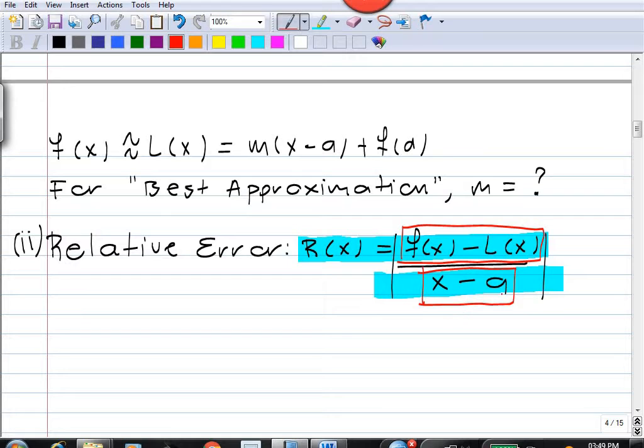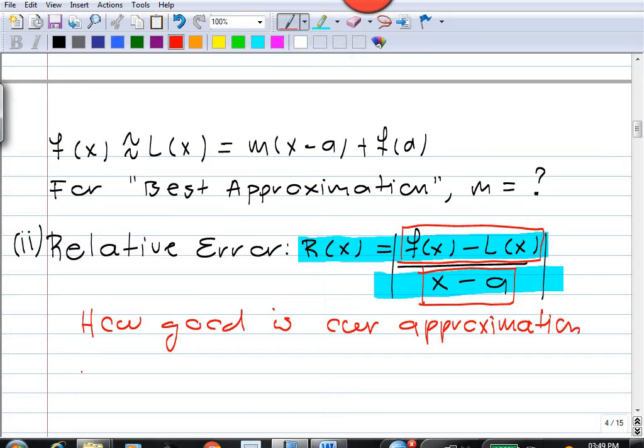That's the difference between x and a. So that tells you how far x is away from a. So the relative error, r of x, tells you, relative to the distance between x and a, how good the approximation of f of x by L of x is. So how good is our approximation relative to the distance between x and a?